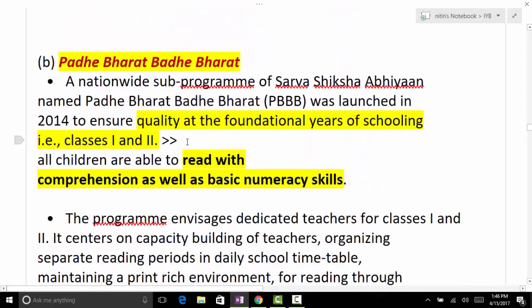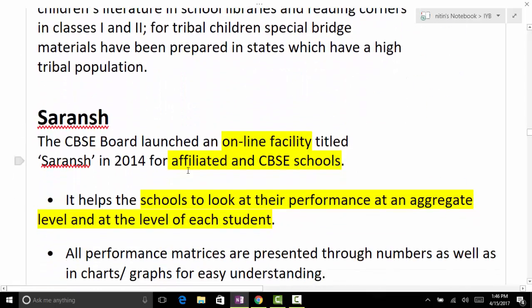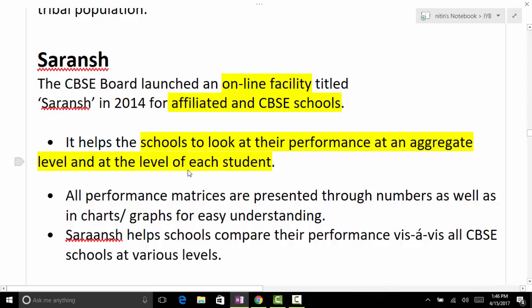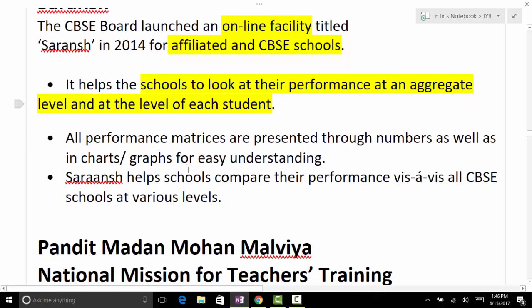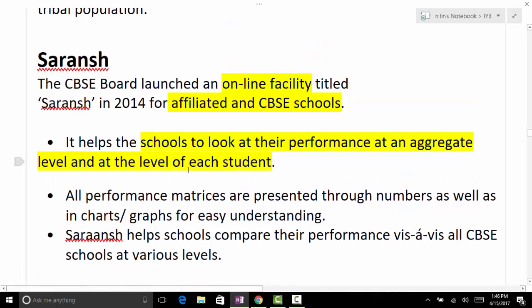Then Saransh. Saransh is what? It's an online facility for CBSE schools and affiliated schools. So schools can look at their performance at an aggregate level and the level of each student, in a data, chart, graph format, for comparison and evaluation purposes. Saransh means summary.